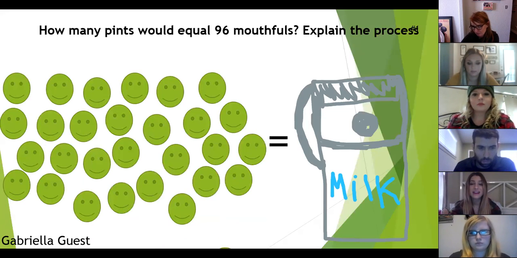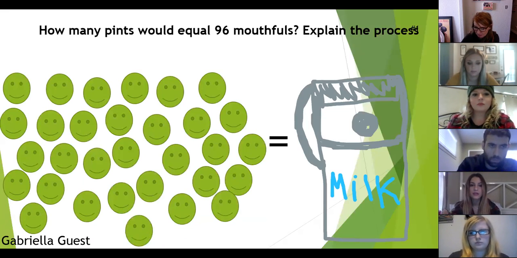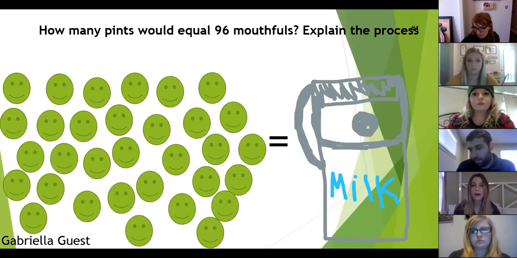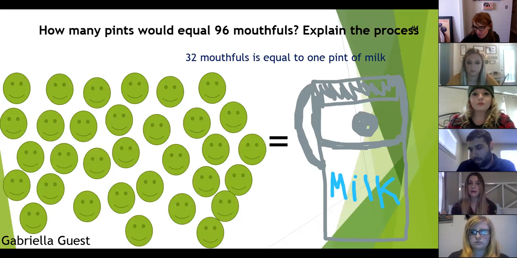So if you have 96, we know that 32 times 3 would give you 96. So it would be equivalent to 3 pints versus 96 mouthfuls. Good job explaining. Thank you.